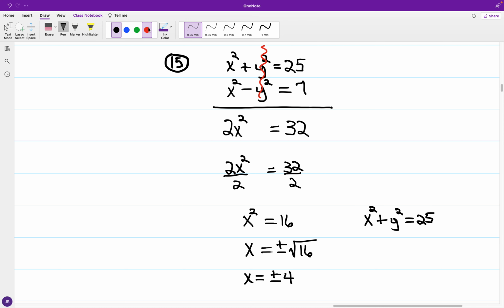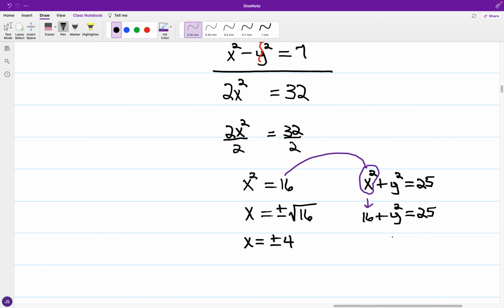So I already have lined up that x squared is 16. I can just plug in 16 for x squared in either equation. So I have 16 plus y squared is equal to 25.